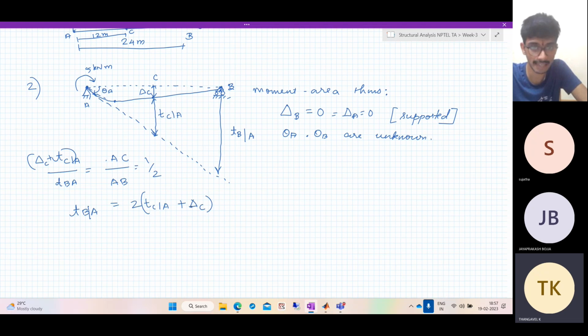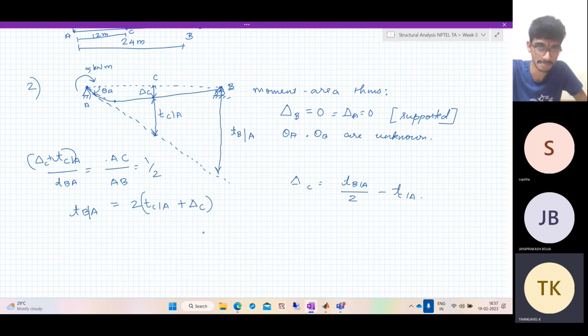So delta C is equal to TBA by 2 minus TCA. So that's all. So let us just directly use the moment area theorem.